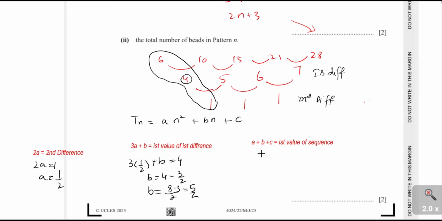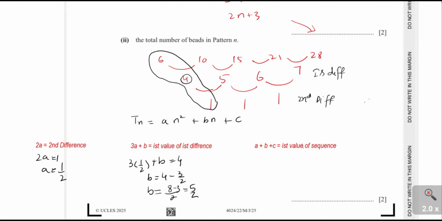Next value we can calculate by using the equation a plus b plus c equal to the first value of the sequence. Look here, the first value of the sequence is 6, we write 6, and a here is 1 over 2, b is 5 over 2, and c we write as it is, and this value equal to 6 over 2 plus c equal to 6.